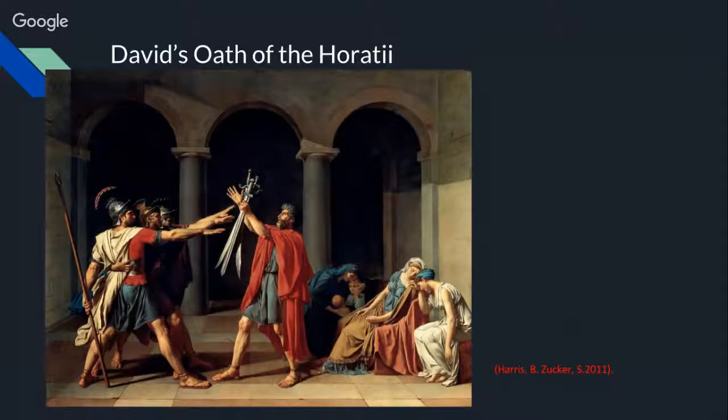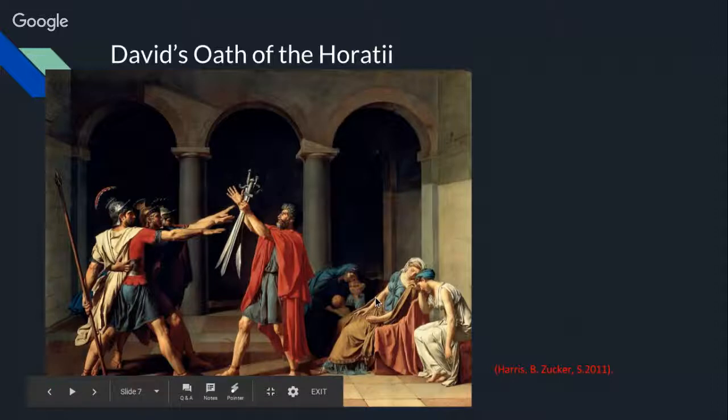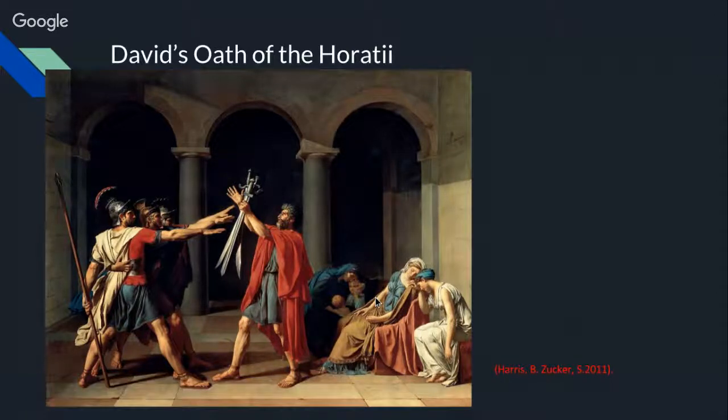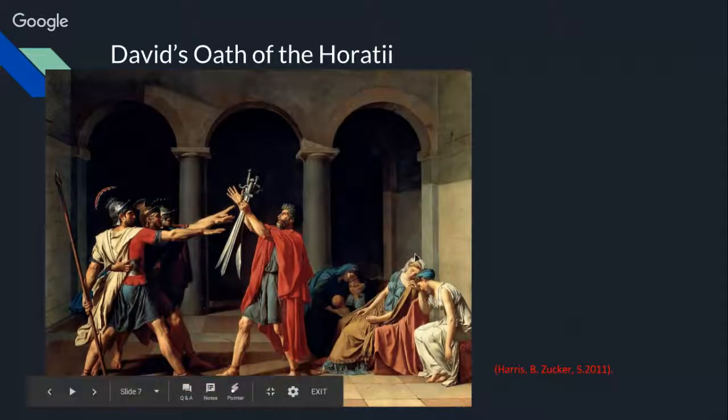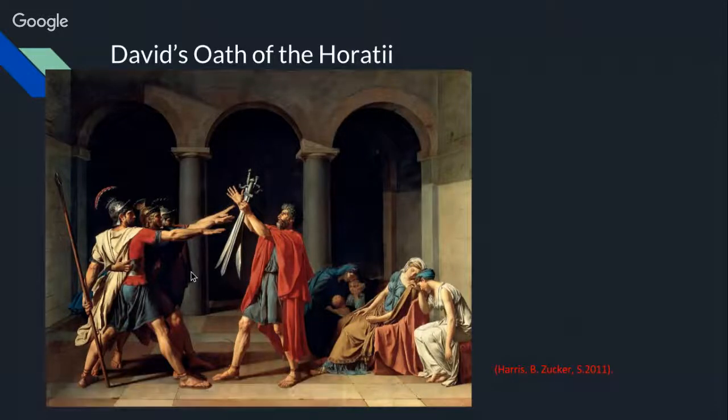These brothers are willing to die for their country, and it's so sad because they don't know who's going to survive at the end. Pretty much how it works is whoever survives in this battle wins the victory. It's such a sad moment for the women, but such a victorious and exciting moment for the men.